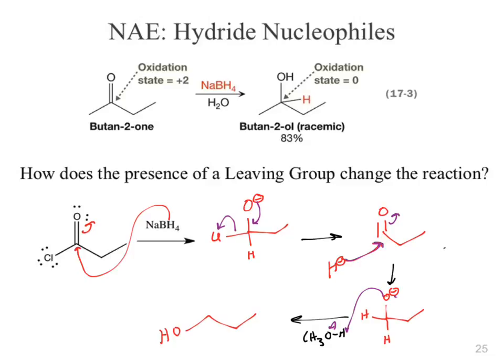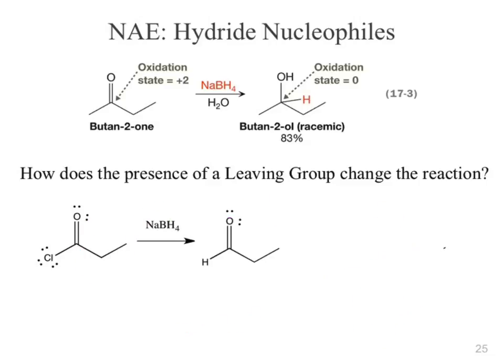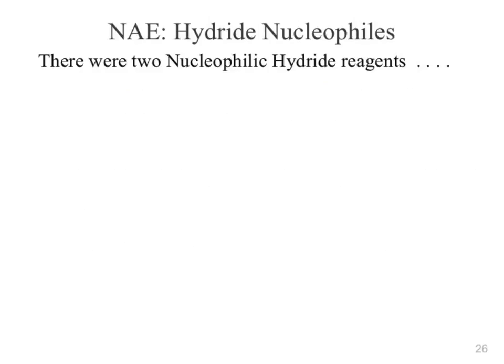So what other reducing agent is there? There were two nucleophilic hydride reagents. We had lithium aluminum hydride, sodium borohydride, would you say? Lithium, okay. NaH, and since it was mentioned in office hours, what's the issue with NaH?